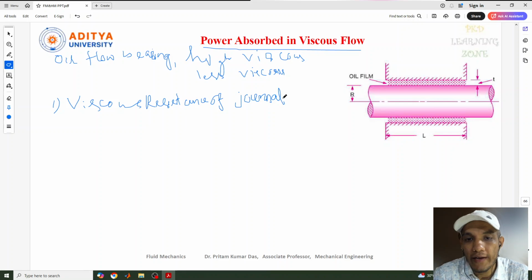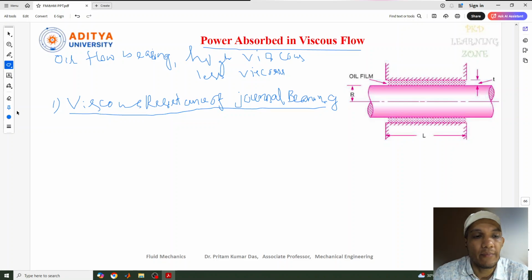This is one type, and similarly two more are there: viscous resistance of footstep bearing and viscous resistance of collar bearing. These are the types of power absorbed in viscous flow. Today we'll discuss only the viscous resistance of journal bearing.